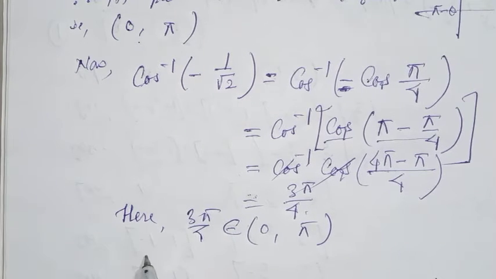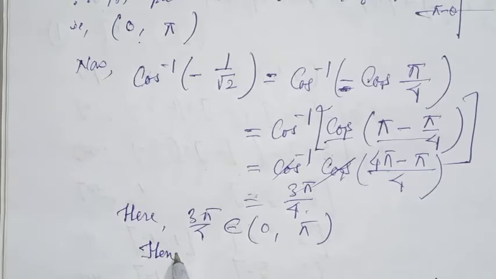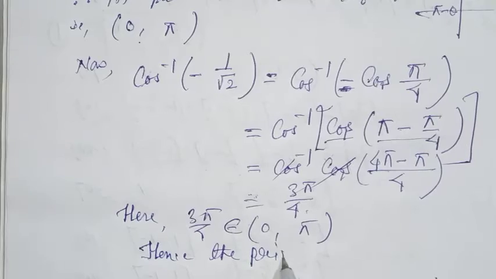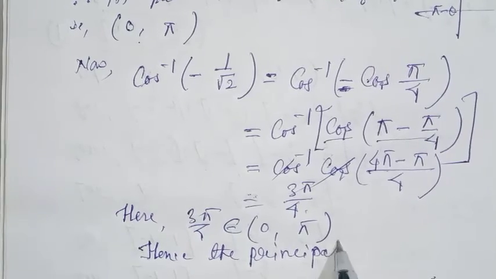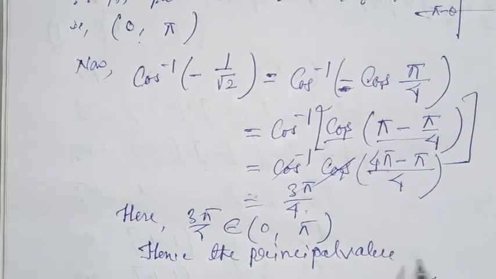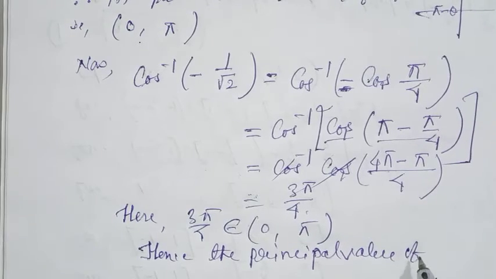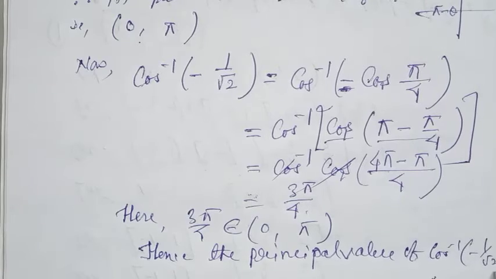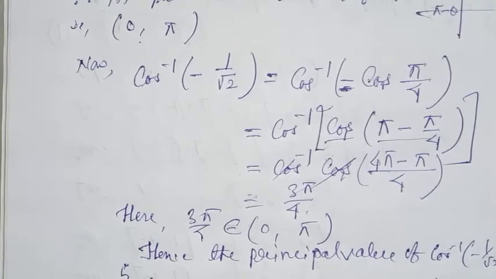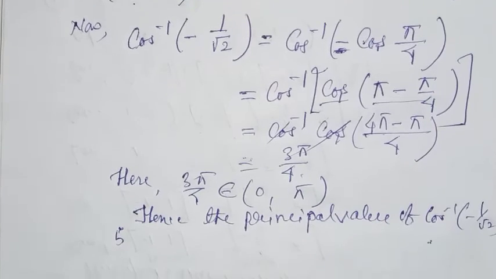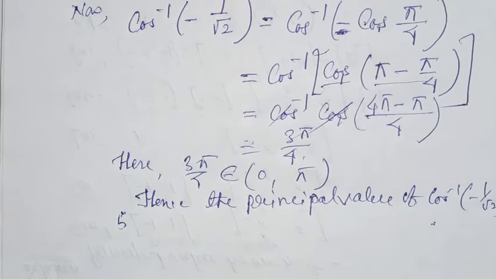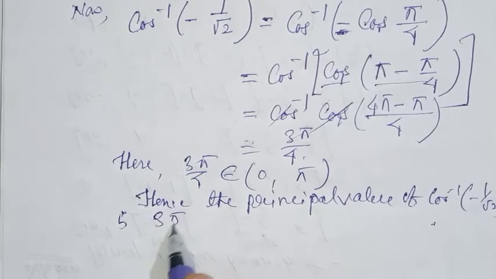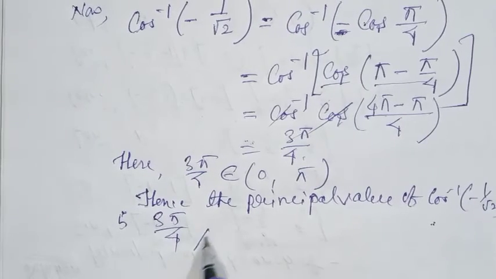Hence the principal value of cos inverse minus 1 by root 2 is 3 pi by 4. This is the answer.